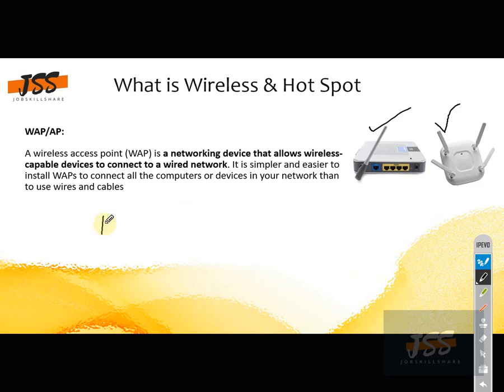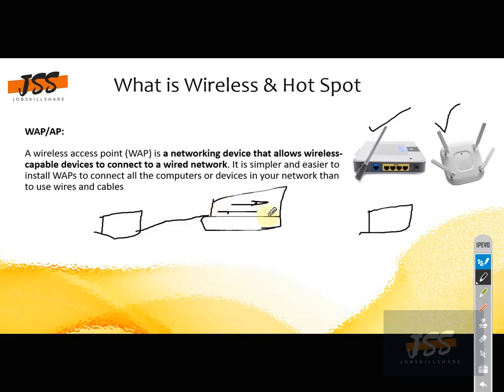If we have these two computers, two PCs, and they want to communicate or share information between each other, we remember from our previous knowledge that we used to run some cable from the computer all the way to the switch, and then from the switch to the other PC, and all information passes using these cables.